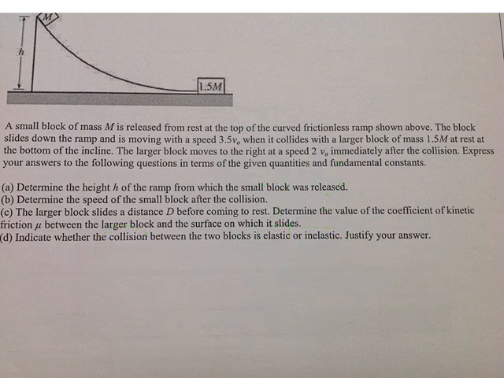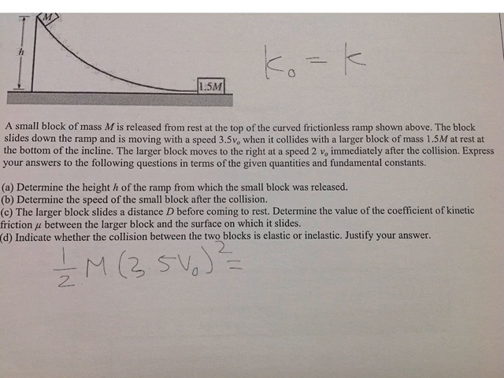And the easiest way to solve this is just plug it in. We have our velocities, so we know that in the beginning we had 1/2 m 3.5 v naught squared for our first block, and then at the end we had that same little mass, and it was only going 0.5 v naught squared, and then we had our larger mass of 1.5 m going 2 v naught.